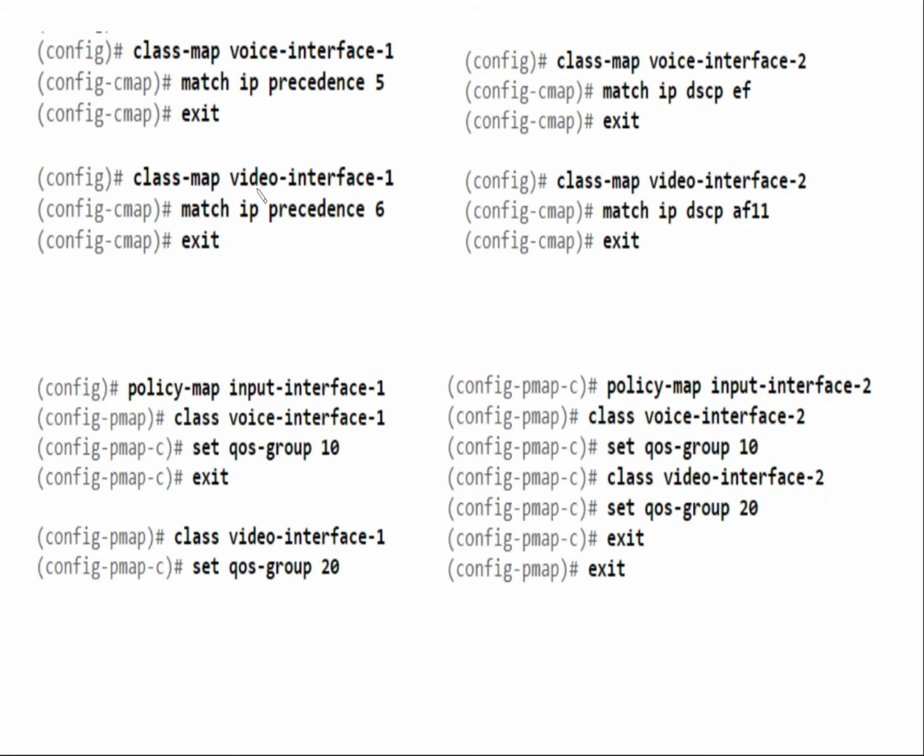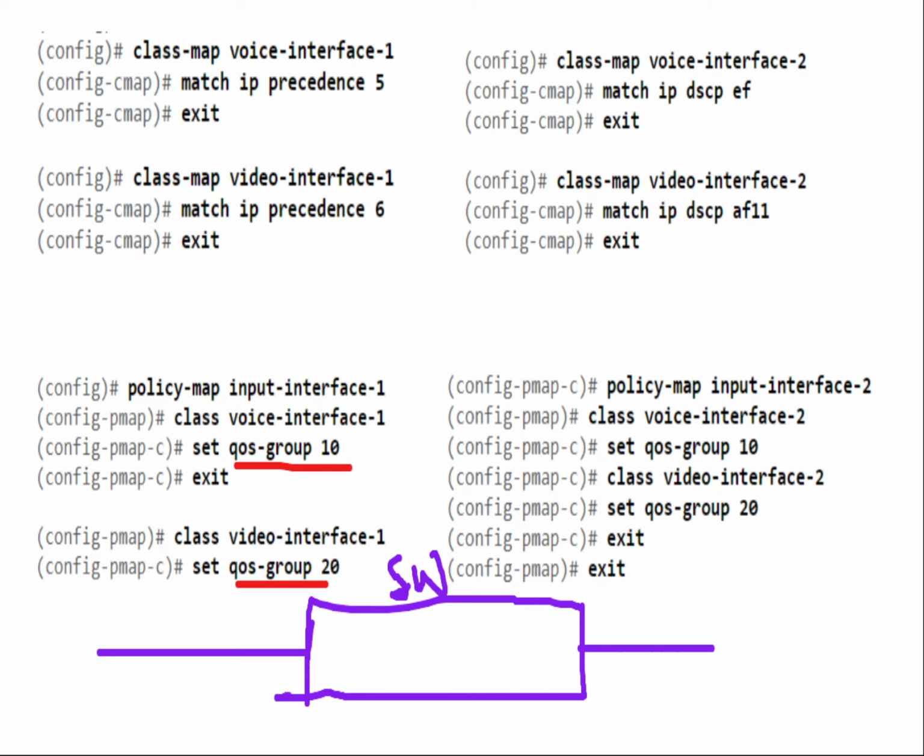This is another example of how to create some class maps that will later be used to create quality of service groups. So this means that if you had a switch here, then all the voice traffic that is entering your switch will be assigned a quality of service group of 10.